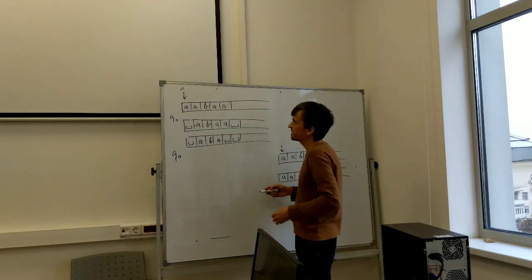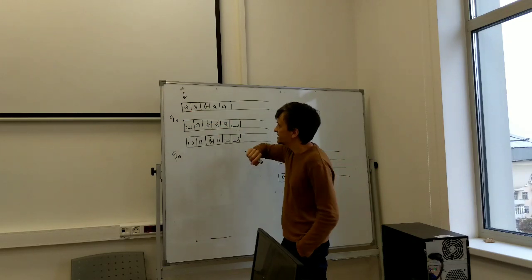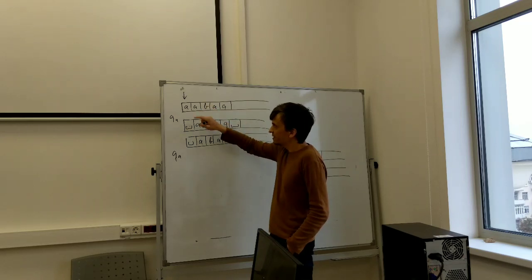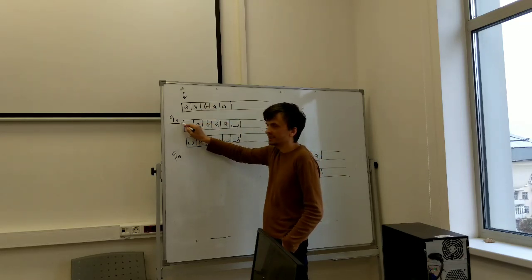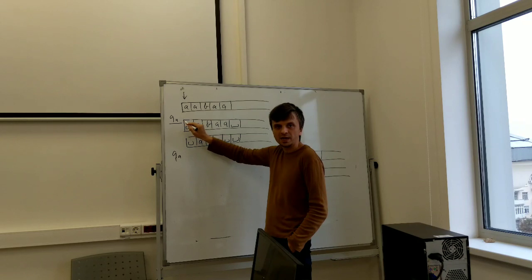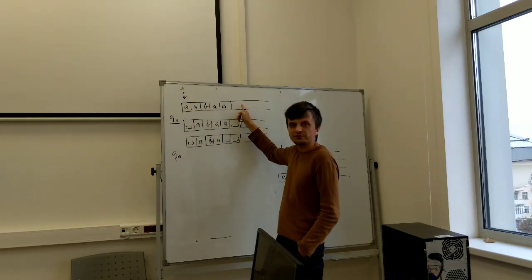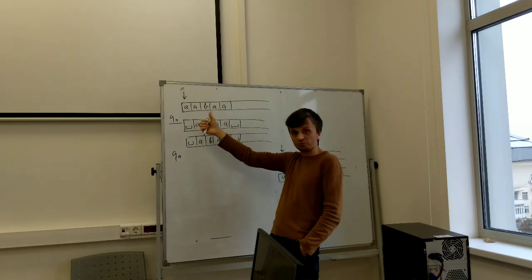So, like here, I said that we see A, okay? And then we saw A, we enter into a special state called QA. And while we are in QA and the input string is not finished, we just move right.